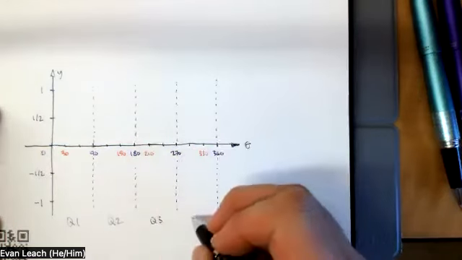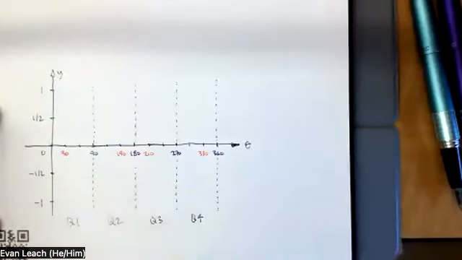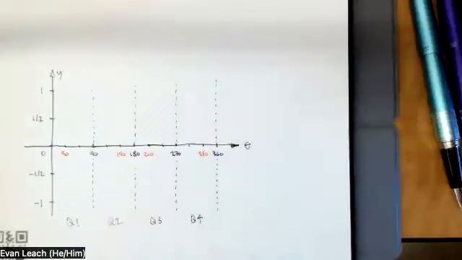From 180 to 270 in quadrant 4. From 270 to 360. Now I've only labeled the 30-degree reference angles. That's where we're going to find our 1/2. And I left off the 60s to write less stuff on my theta.